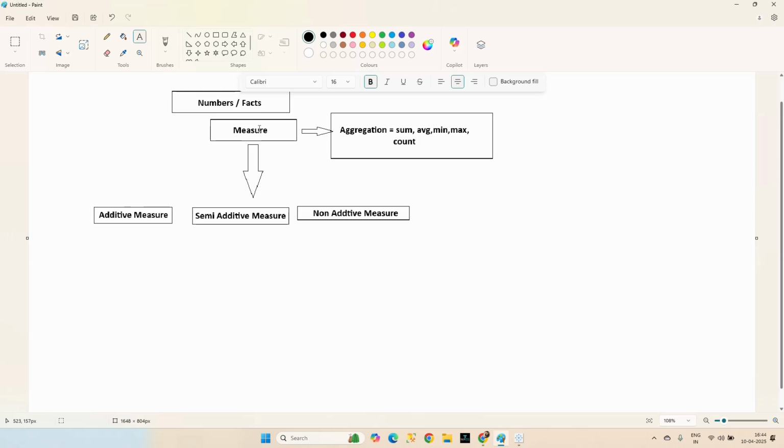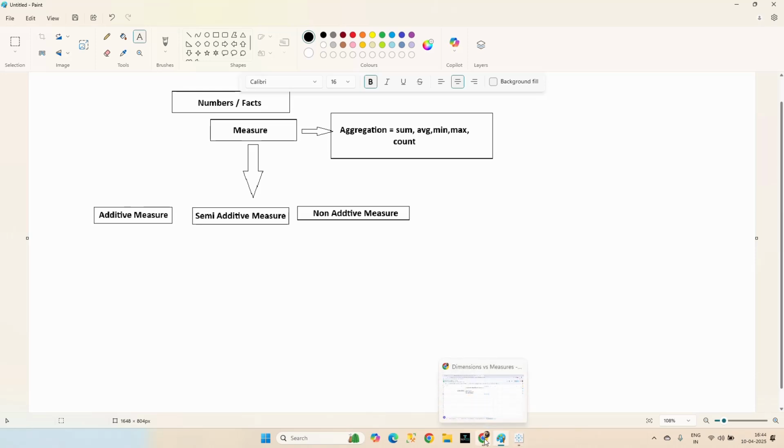Again, I'll repeat: if the measure is giving us meaningful outputs after applying all the aggregations with the list of dimensions, then it is known as additive measure.